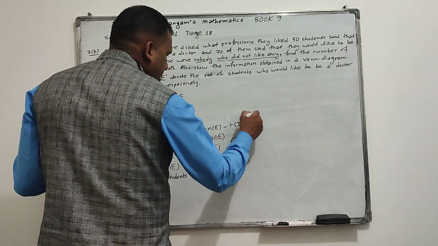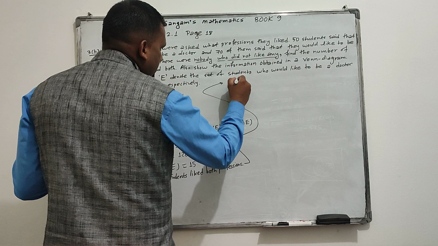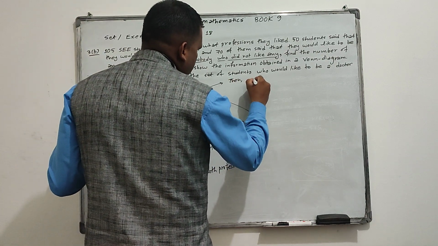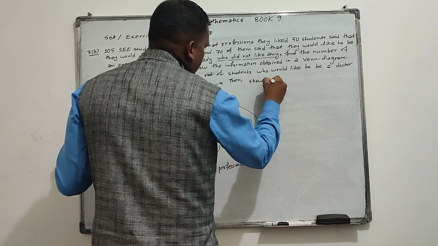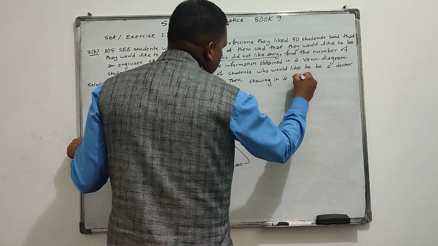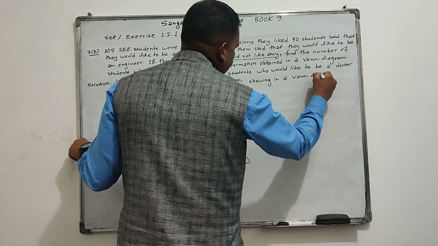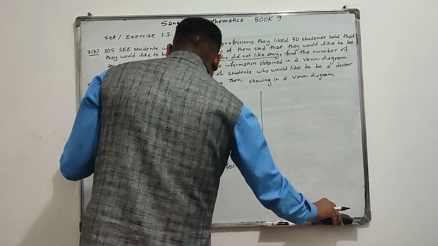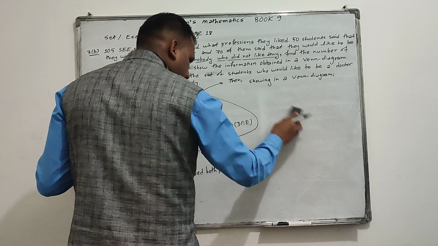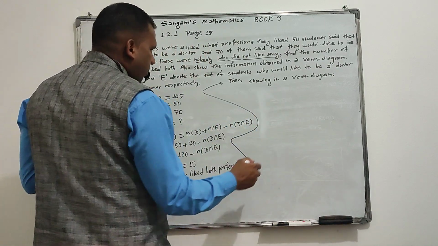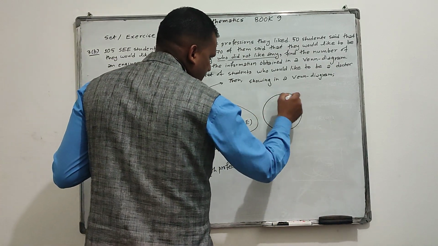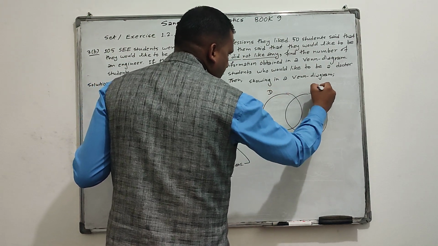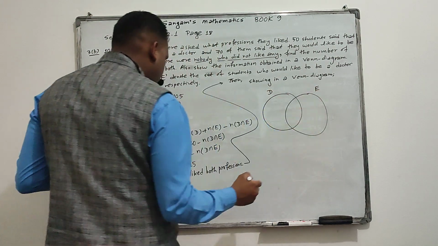Then representing in a Venn diagram. No need of U, so D union E, only D and E are here, not U. D for doctor, E for engineer.